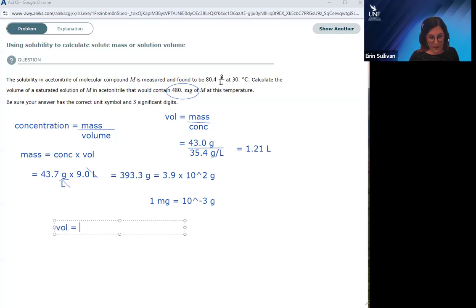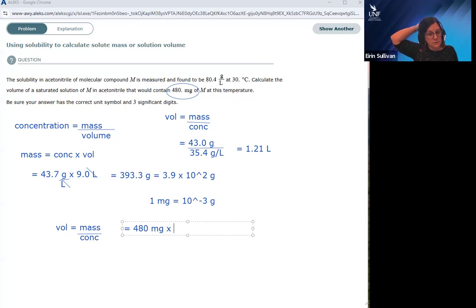Volume is going to be mass over concentration, but our units are not going to simplify quite as easily because of an incompatibility in our mass units. We have our mass in milligrams, 480 milligrams, which we have to convert to grams.